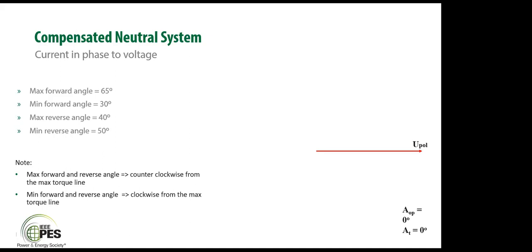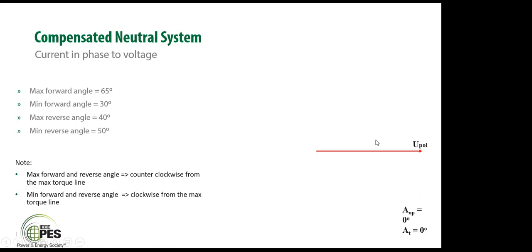You can see the reflection here in the second example of the compensated neutral system. Our operating angle is given as 0 degrees. The maximum and minimum forward angles and the maximum and minimum reverse angles are given.